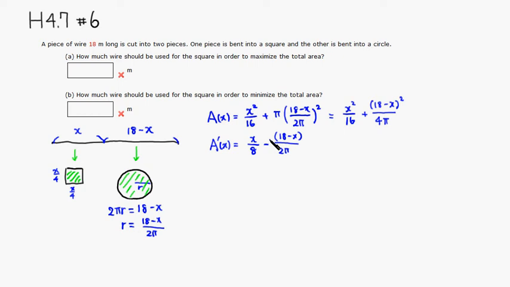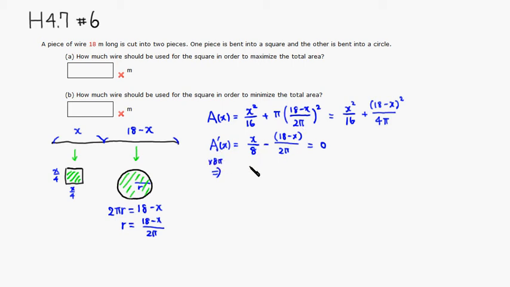Alright, so this is the derivative, so I will look for a critical number and set that equal to 0. Then we need to combine. I don't like fractions, so I'm going to multiply both sides by 8 pi.